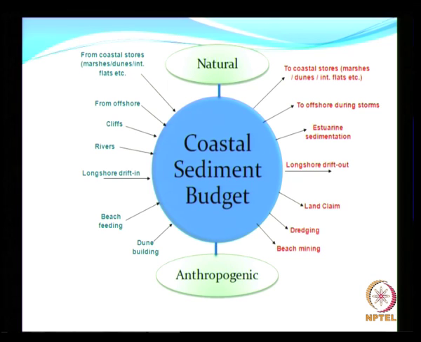Then through longshore sediment transport, or longshore drift, you are going to have some sand coming into the pool. Then through beach feeding and dune building, all these things add to the sand. That is the income into the system.